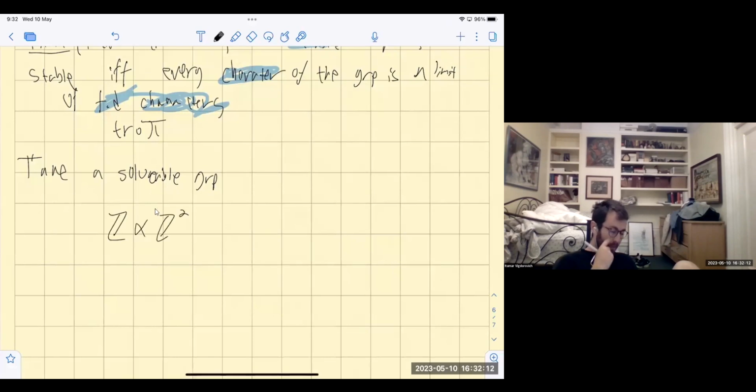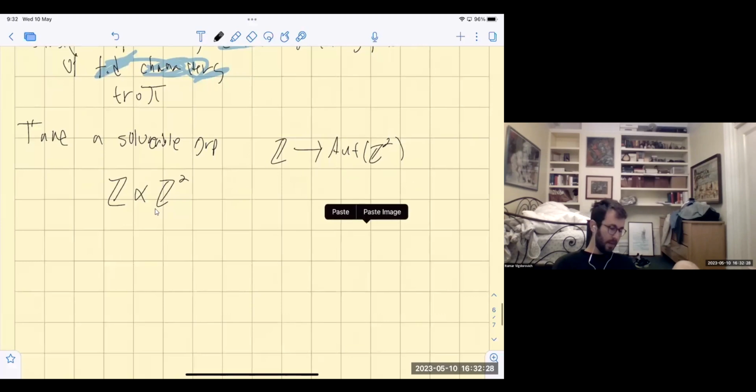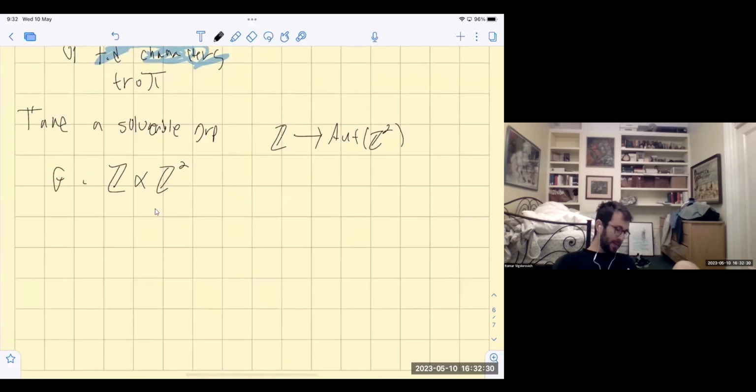A semi-direct product means that Z acts on Z^2, and instead of taking a direct product, I'm taking a twisted product. This is a group G, a two-step solvable group.